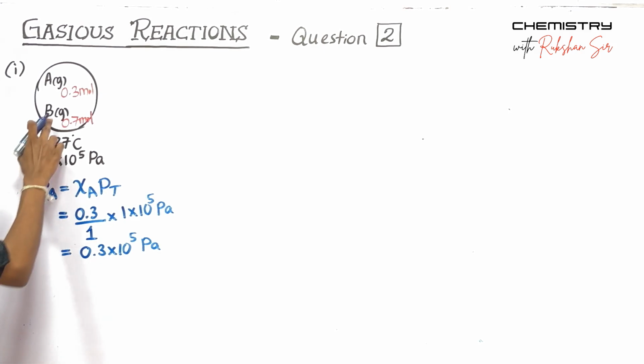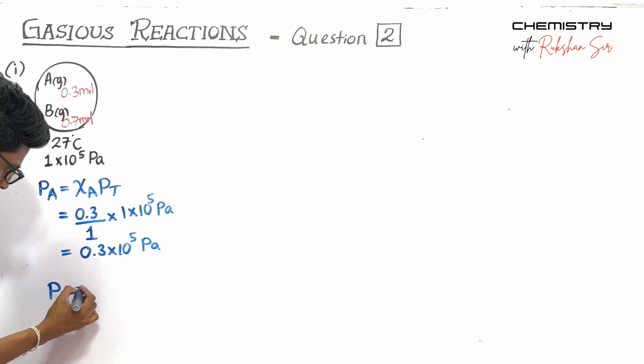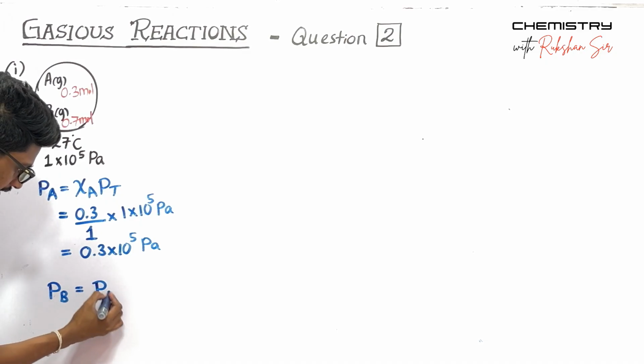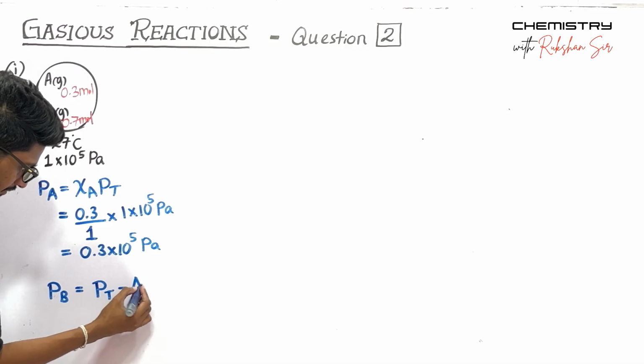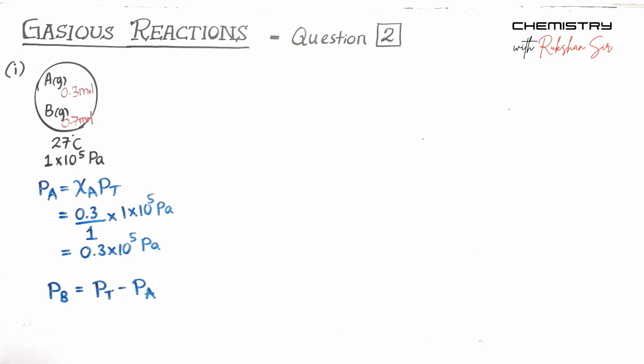For the gaseous component B, the partial pressure of B can be taken as the total pressure minus the partial pressure of A. That is Dalton's other law: the summation of partial pressures should be equal to the total pressure. That means PA plus PB should be equal to P total. So if we solve for PB, that will be P total minus PA.